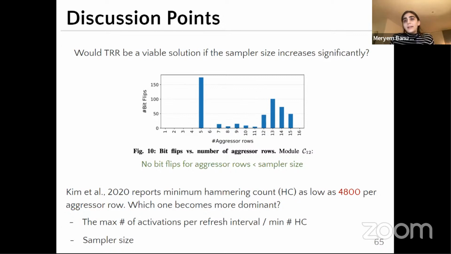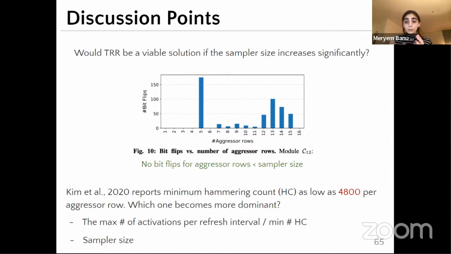But one basic solution is to just increase the sampler size, right? If you increase the sampler size substantially, you can track all the aggressive rows, and TRRespass is not going to work. So for me, there's a limit on how much you can increase the sampler size, because there's a cost associated with increasing the sampler size, right?